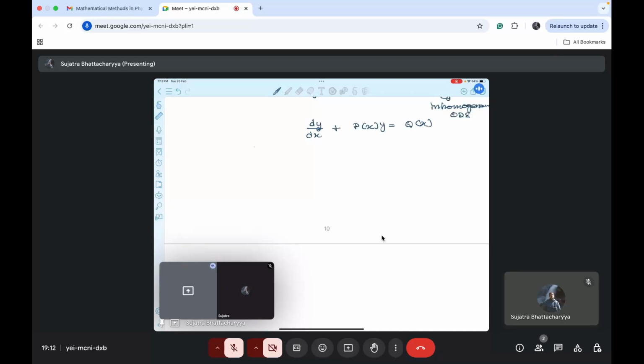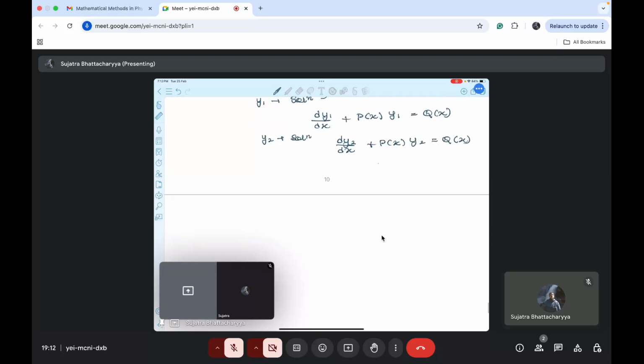So say y1 is the solution of this. Right. Then what will happen? You can just put it over here: dy1 by dx plus p of x y1 is equal to q of x. If now y2 is another solution, then we can write dy2 by dx plus p of x y2 is equal to q of x. Now you subtract.